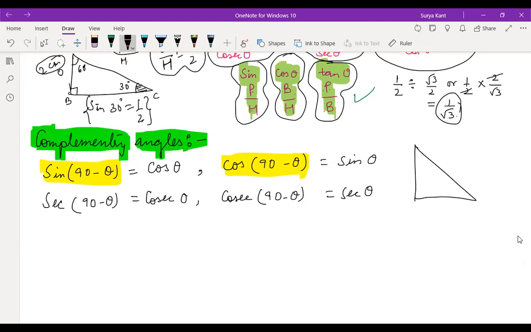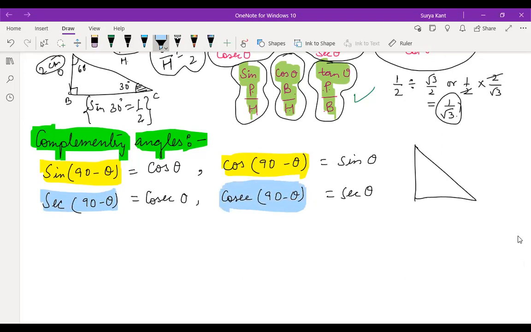But the reciprocal of sec is cos, and the reciprocal of cosec is sine. Both are different. The complement of sec theta is cosec theta, and the complement of cosec theta is sec theta.